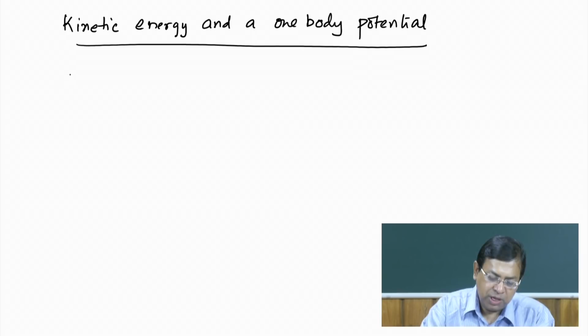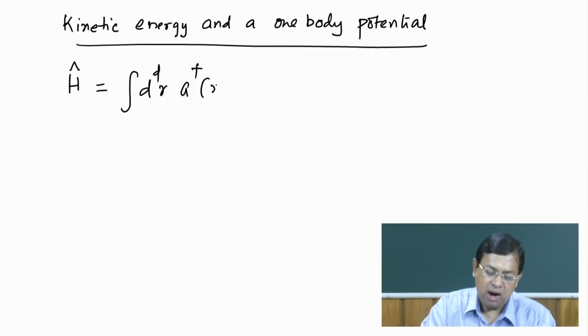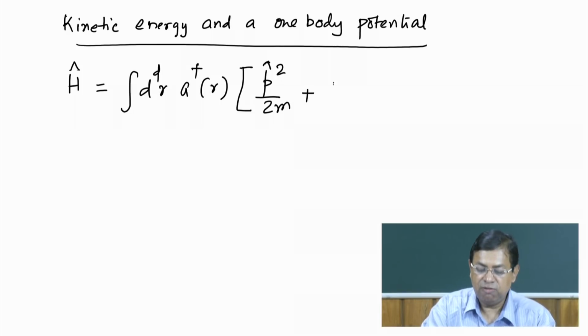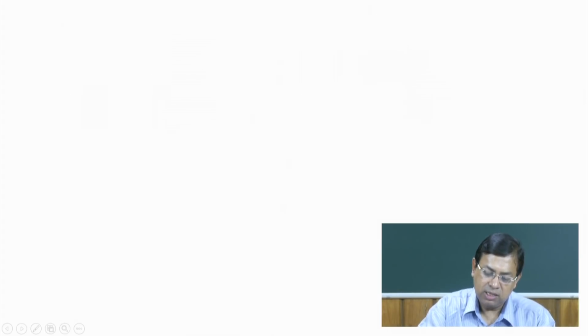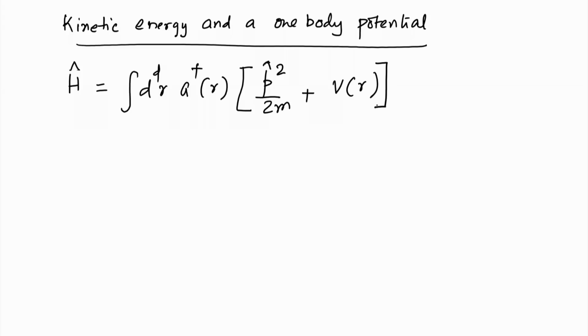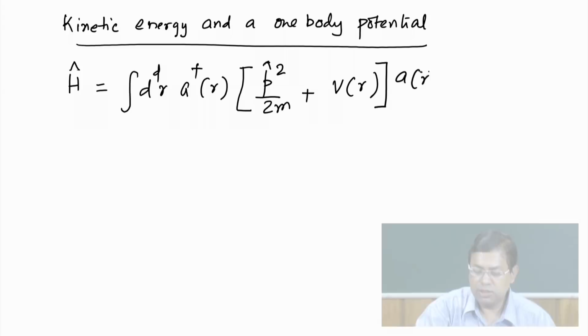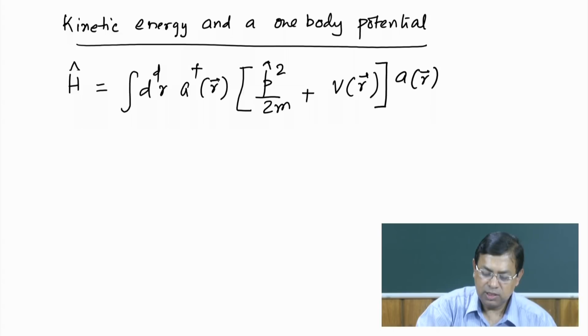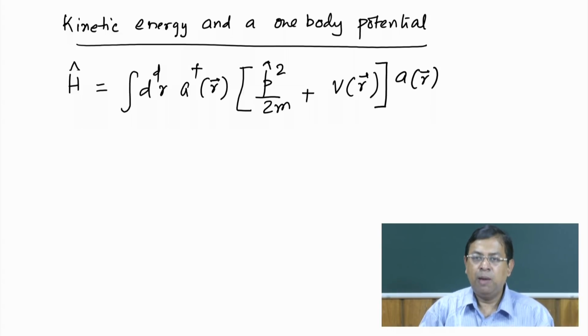A Hamiltonian consisting of the kinetic energy and a one body potential is written as integral d d r A dagger r, and there is a p square over 2 m plus a V of r, where these r's are vectors. And so, this is the Hamiltonian which consists of a kinetic energy and a one body potential.